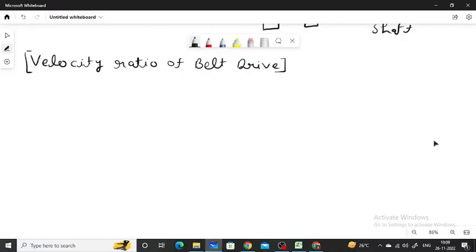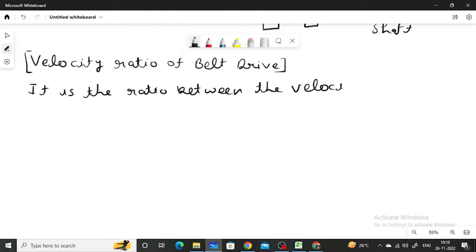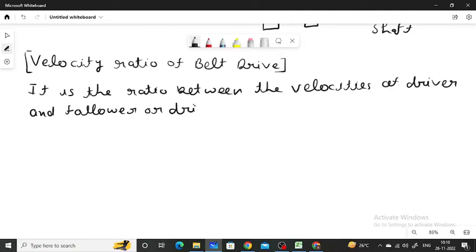Velocity ratio is the ratio between the velocity of driver and follower or driven.